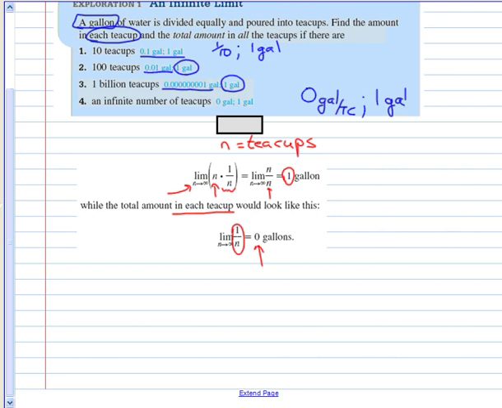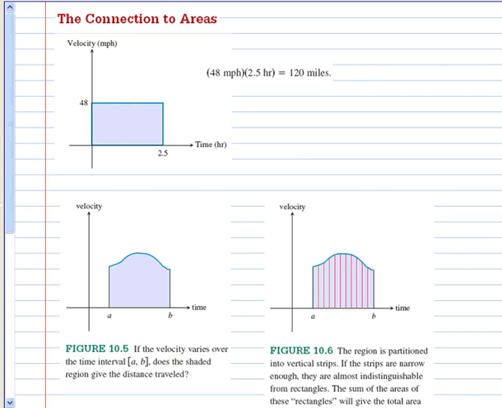This number keeps getting smaller and smaller and smaller. 2 teacups, 3 teacups, 4 teacups. This number keeps getting smaller and smaller and smaller, and it limits to 0. We have 0 in each teacup. I don't know if you're convinced yet that we can have 0 in each teacup and add them all back together and we have a gallon, but mathematically that's what we need to believe at least.